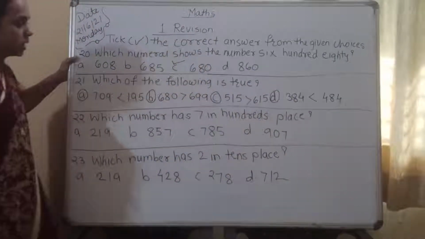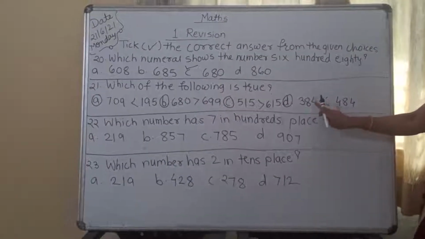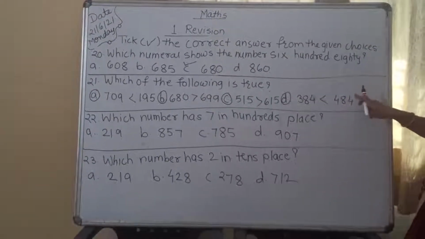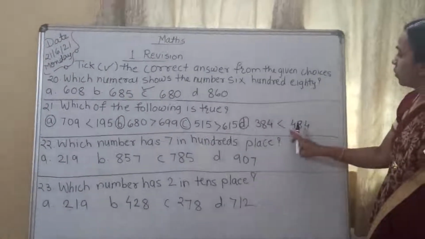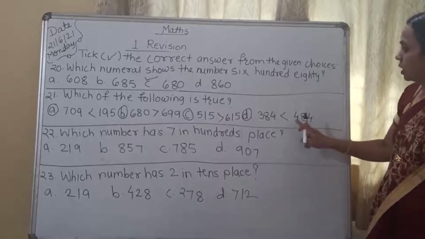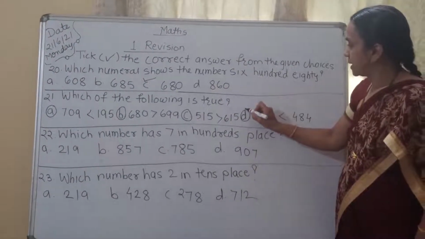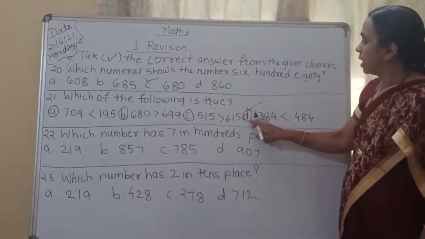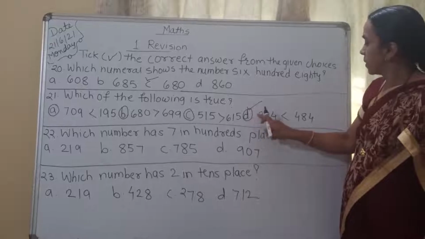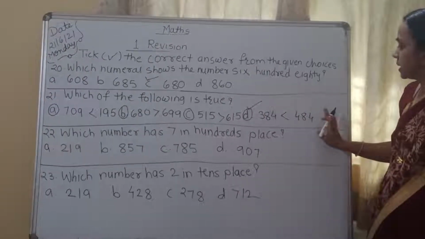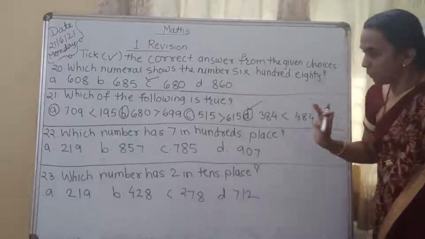Now see D option, 384, 484. Among these two numbers, which is greater? 484. So D option is correct. This statement is correct, so we have to put the right sign on this D option, because 484 is the bigger number and the sign is towards this 484.